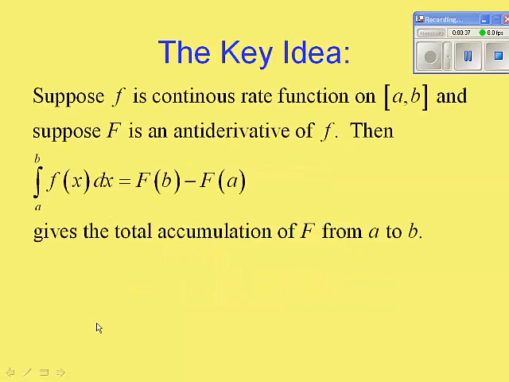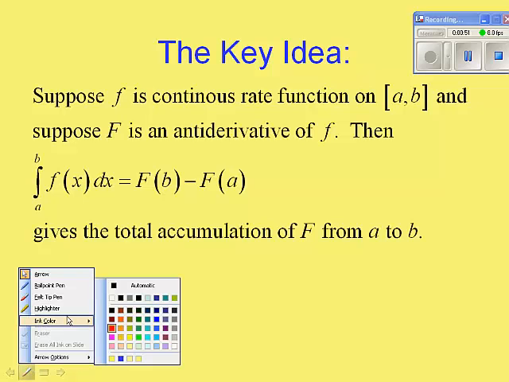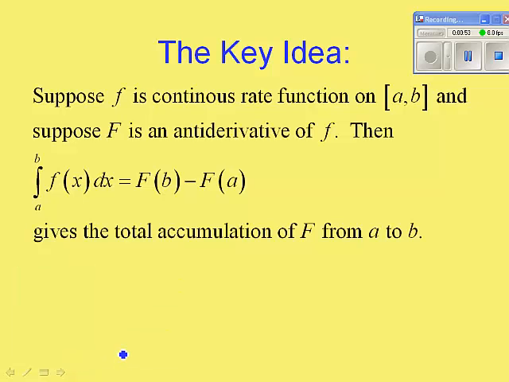Okay? Here's the key idea from this section. I'm going to sum it up on one slide. Suppose f is a continuous rate function. Now, what do I mean by that? Well, remember on the homework, little b of x was the rate of change, right?